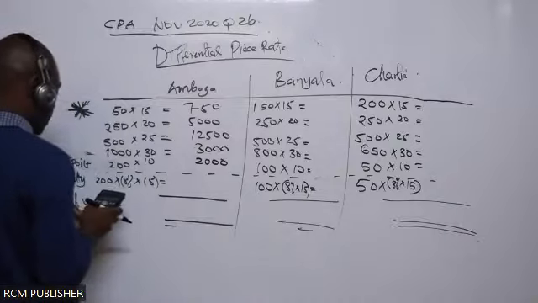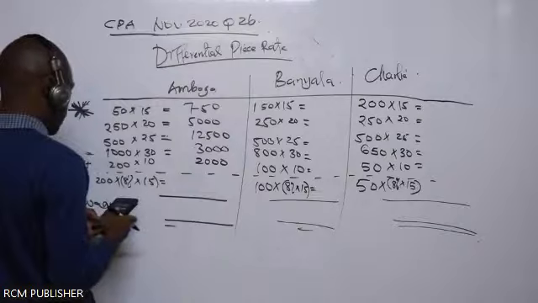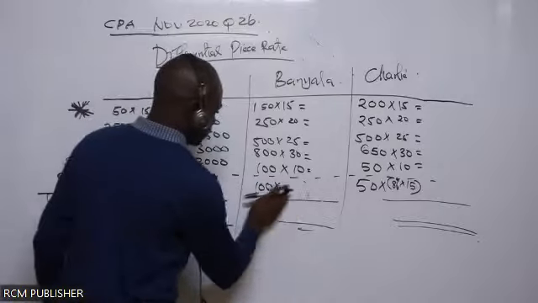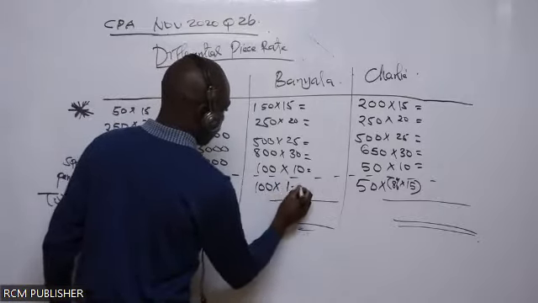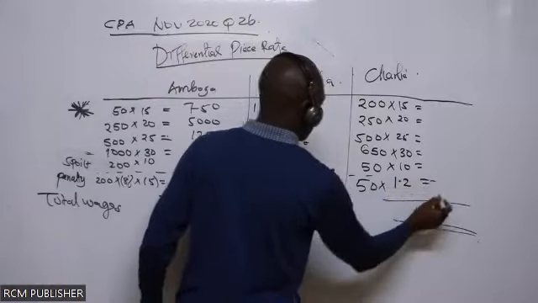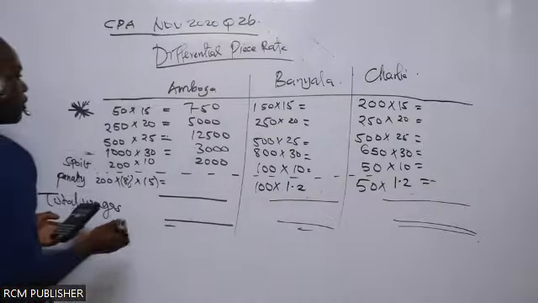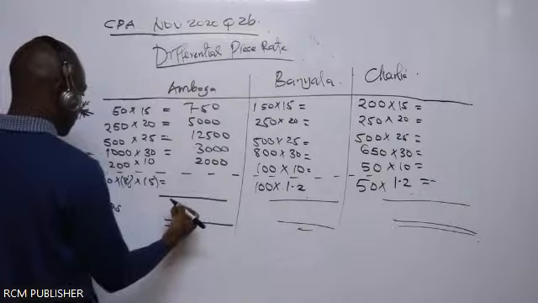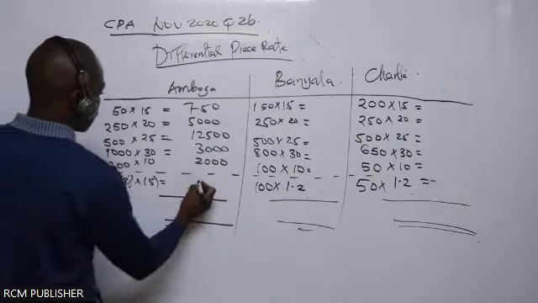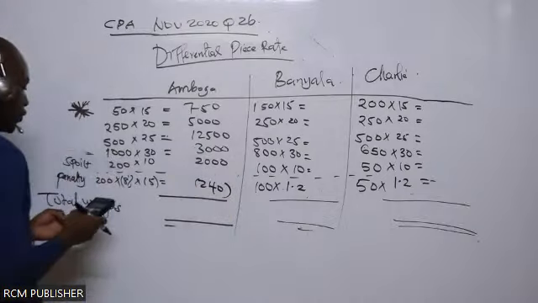Then here, 8% of 15 shillings will be 1.2. So the rate here is 1.2. That is what we have. So of course, this penalty we subtract. So 1.2 by 200 will give us 240. We subtract the 240.